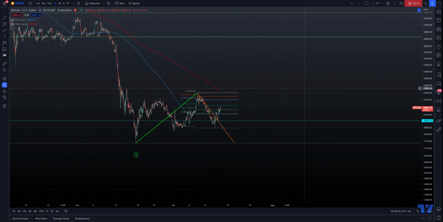Now, what cryptos are garbage is something you need to work out for yourself. But for me, the top 20, 30, 40 cryptos are probably the best ones to look at at this stage.